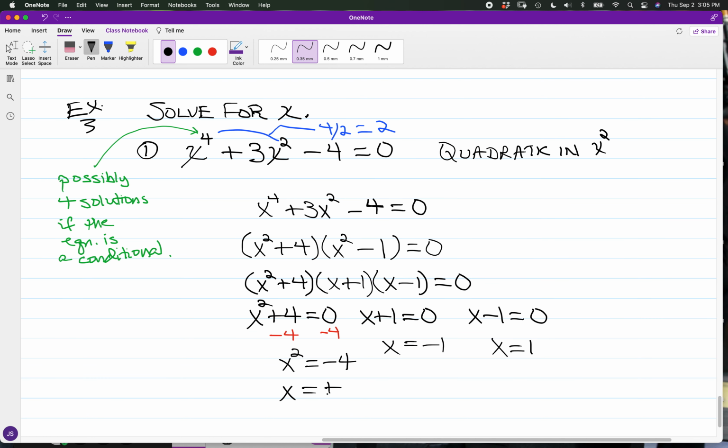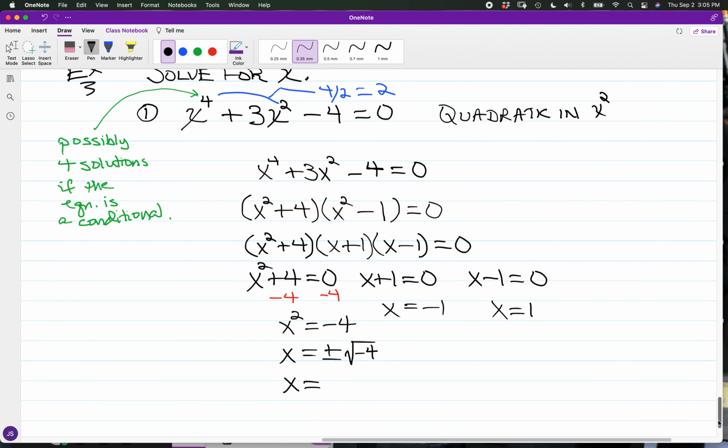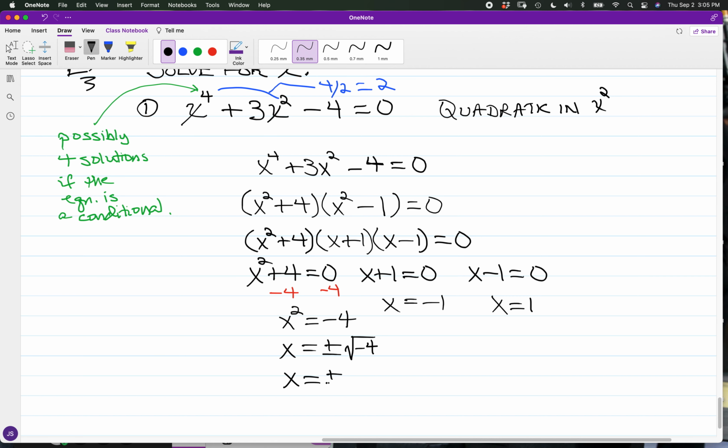So I can say that x is equal to plus or minus the square root of -4, and the square root of 4 is 2, and that of -4 is going to be 2i. So we're going to have 4 solutions in x. Two are going to be in the complex domain, with -2i as well as 2i, and the other 2 are from the real number system, where we have -1 as well as +1.